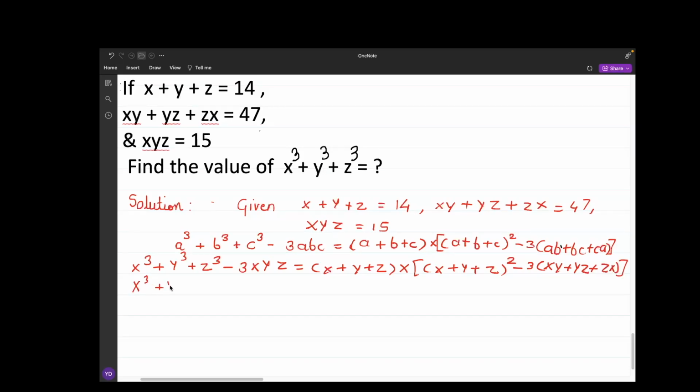Here xyz is 15, so x cube plus y cube plus z cube minus 3 multiplied by 15 equal to x plus y plus z is 14, multiplied by in bracket x plus y plus z is 14, square, minus 3 in bracket xy plus yz plus zx is 47.